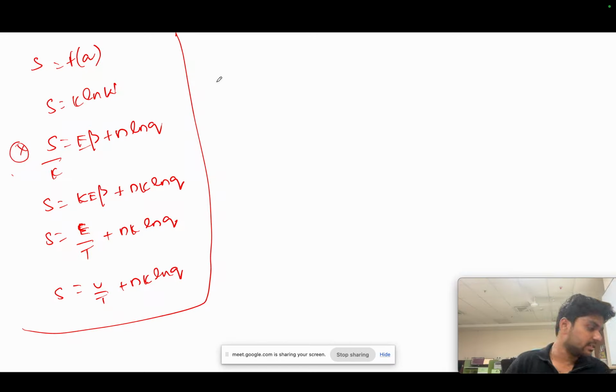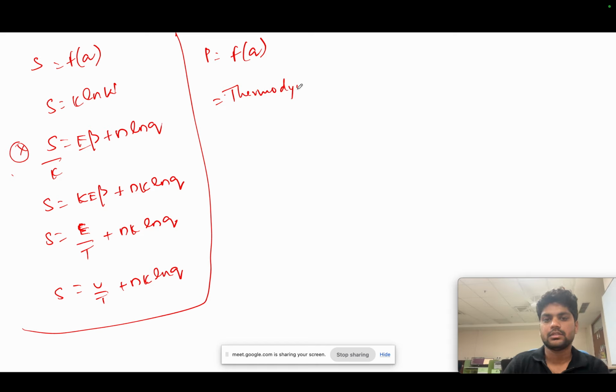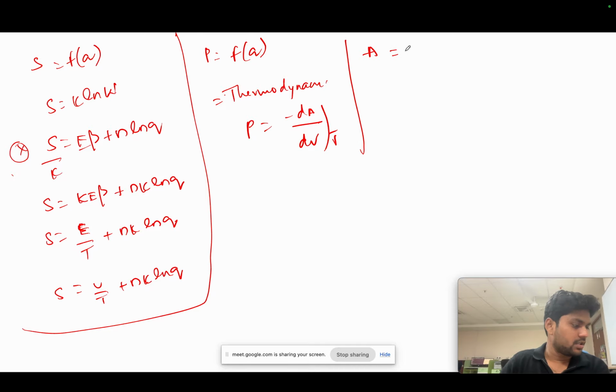So this is for the S, and if I am talking about the P, from the thermodynamic properties, again you need to go to the Lagrange series. We know that P equal to minus dA by dV at constant T. Now we need to know what is A. A is nothing but U minus TS, Helmholtz energy.